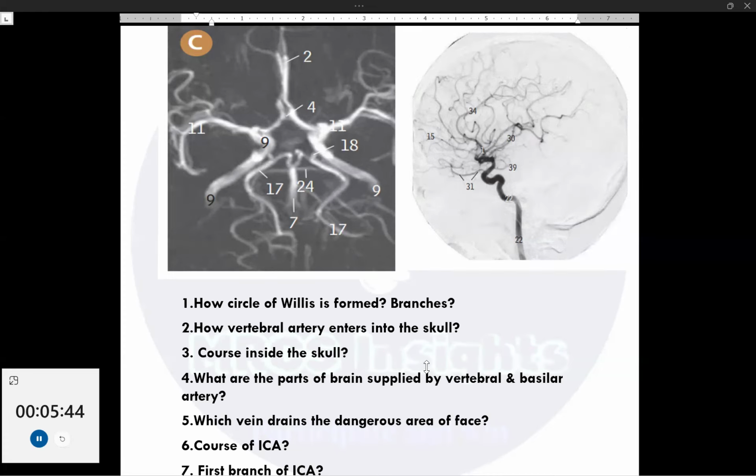Okay. So now tell me the course of the vertebral artery inside the skull.